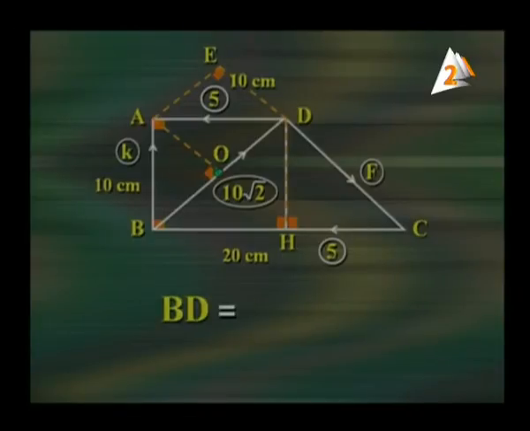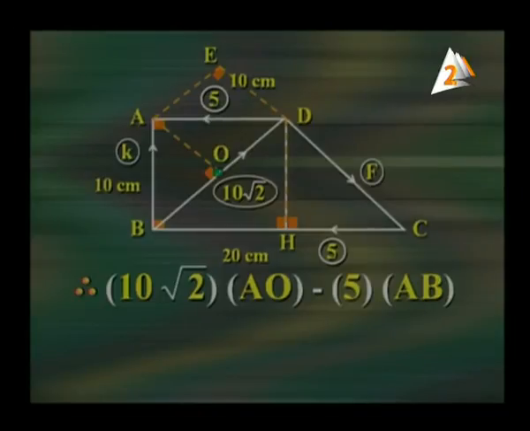And now, since the moment about the point A vanishes, we say MA equals 0 and 10 root 2 times AO minus 5 times AB minus F times AE equals 0.